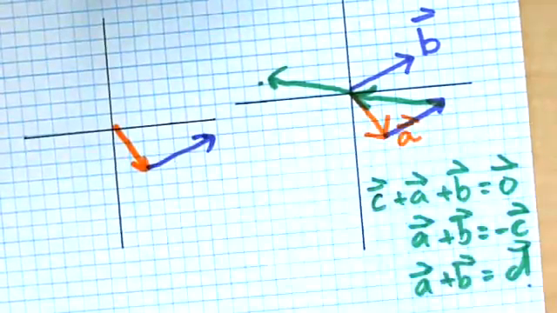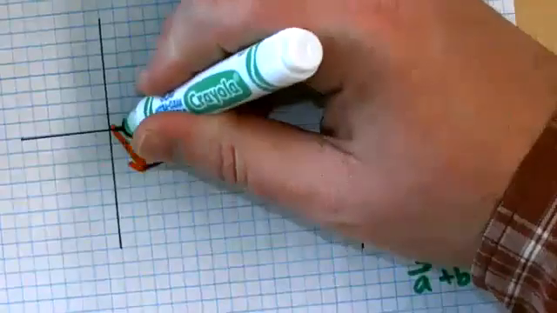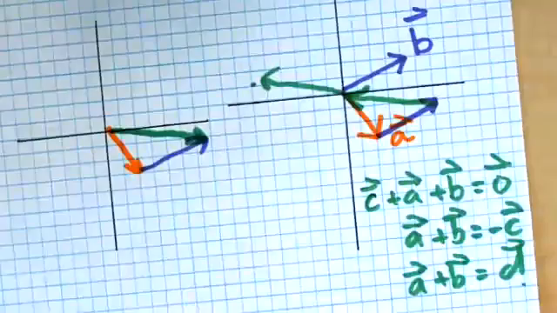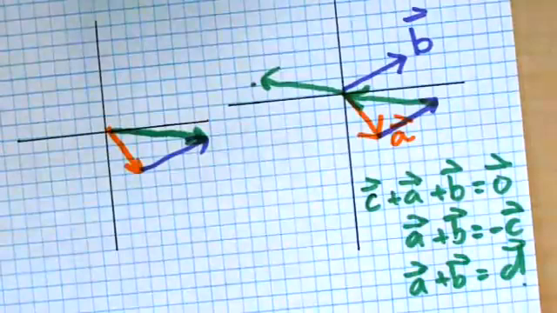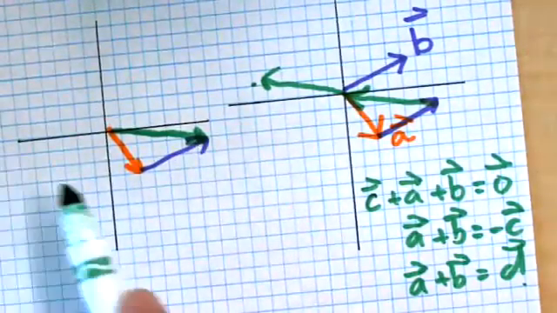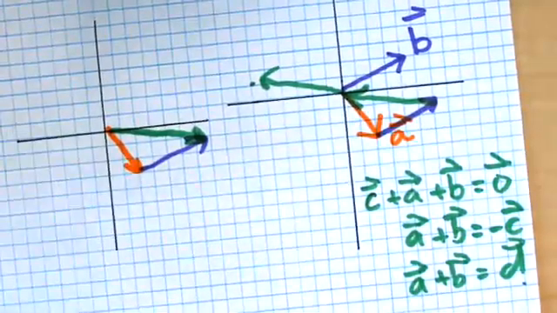So there's A plus B. And then D would be this vector here that takes us from the beginning to the end of those two added together. But D is not what we're looking for, right? We need to flip it over. We need the opposite of it. So instead of going to the right and down, I'm going to go to the left and up, and we would end up with the same vector that we came up with a second ago.